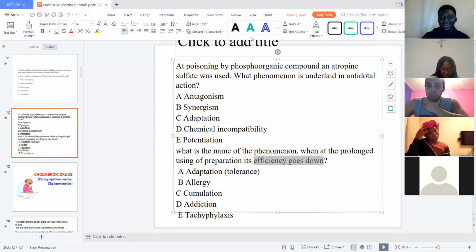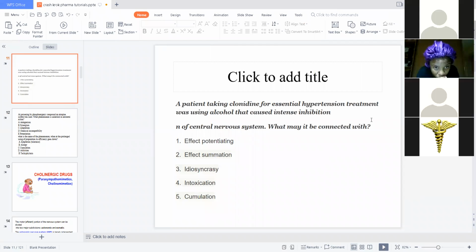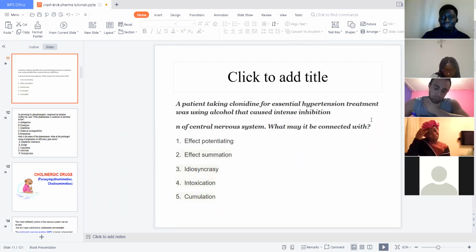From this question, with prolonged use of a preparation, its efficiency goes down, so the answer is tolerance. Any questions? Is there anything you do not understand clearly? No? Okay, let's move on to the next topic.